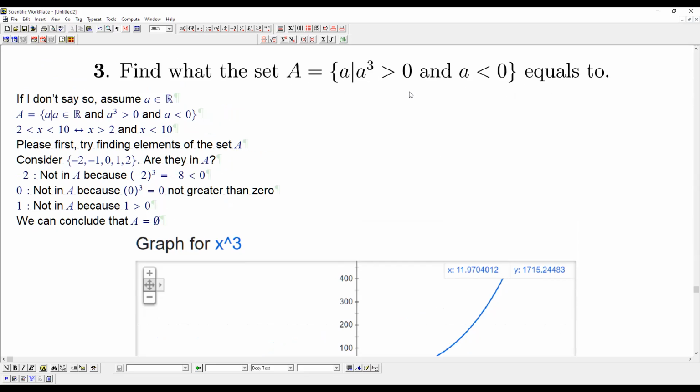Nothing can be at the same time greater and smaller than 0. So when I ask you to express something, you may think maybe there are different ways of expressing the same thing. That's perfectly true.